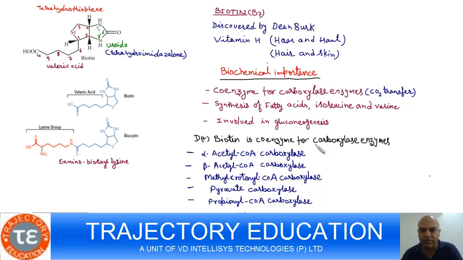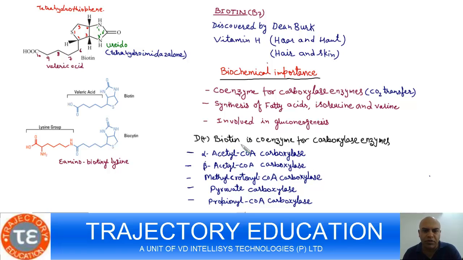Biotin is a coenzyme for the carboxylase enzymes, which, as I told you earlier, are needed for carbon dioxide transfers. Some of the important carboxylase enzymes are alpha acetyl CoA carboxylase and beta acetyl CoA carboxylase, methylcrotonyl CoA carboxylase, pyruvate carboxylase and propionyl CoA carboxylase.